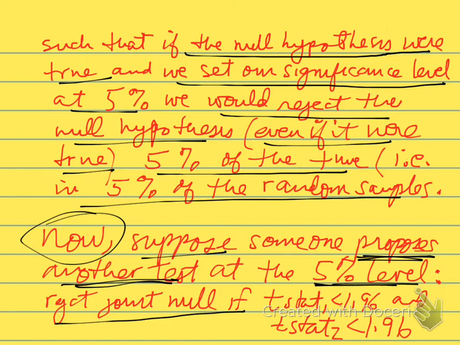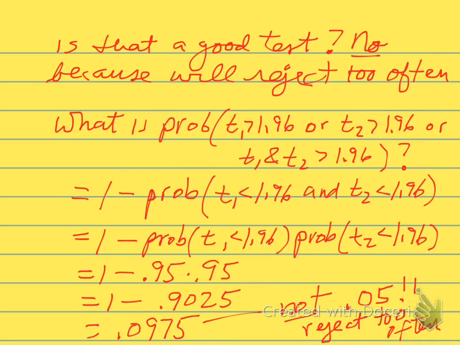What's my test? Well, we'll calculate t-statistics for each one of the coefficients, and if those t-statistics are greater than 1.96, we'll reject the joint null hypothesis. So we might say, is that a good test? Is it as good as the F statistic?